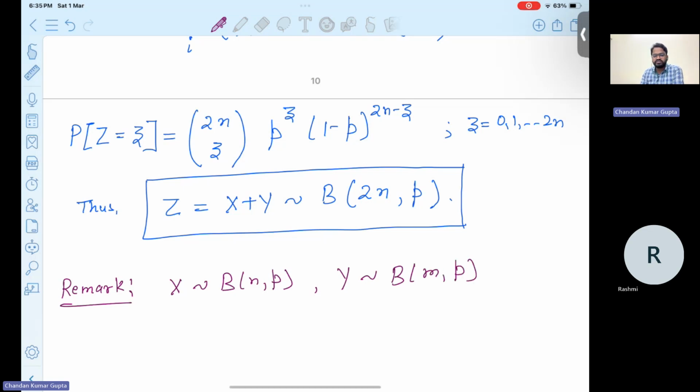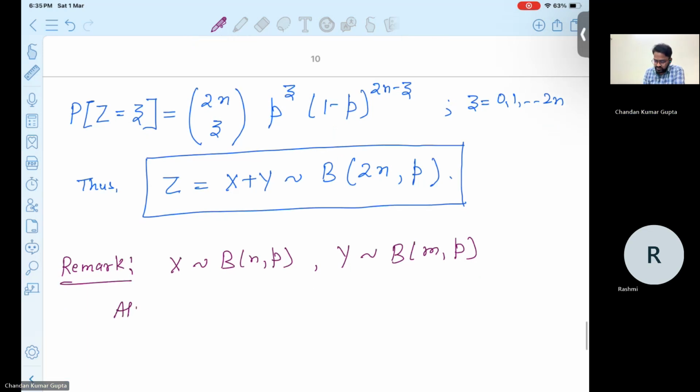Here the probability of success is common, and the number of trials is not common. Then also, X and Y are independent.